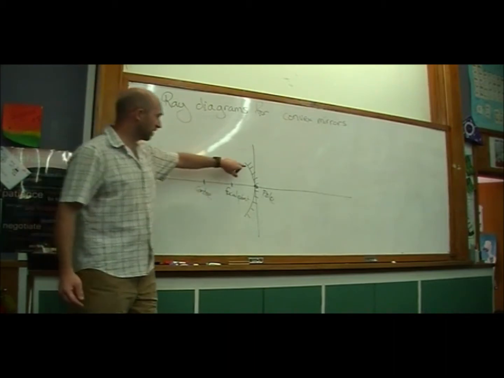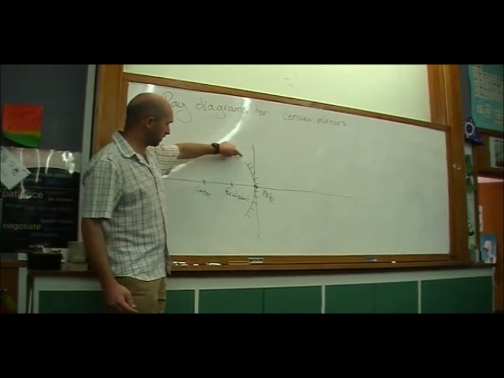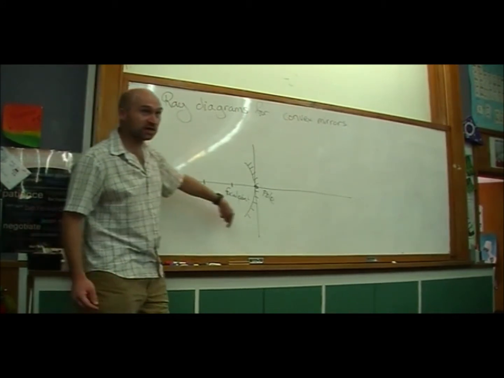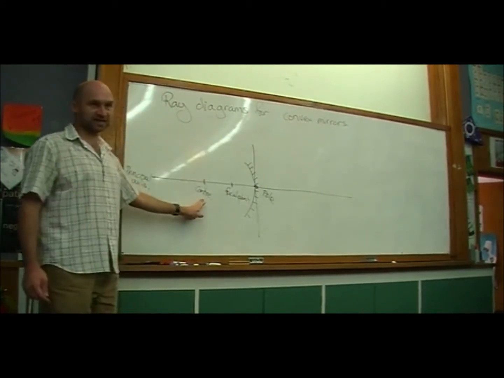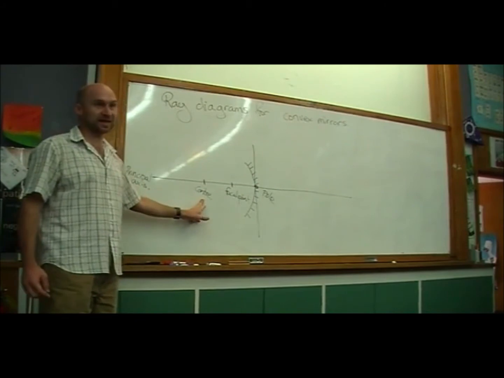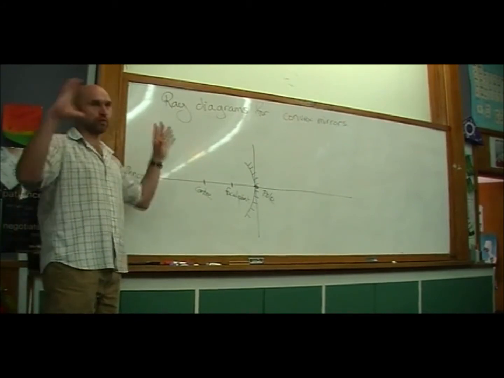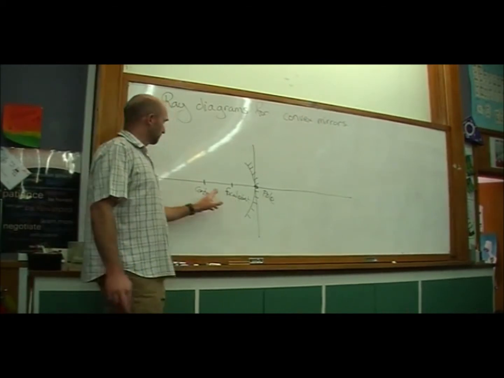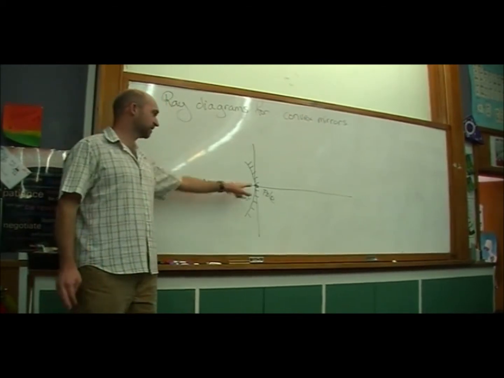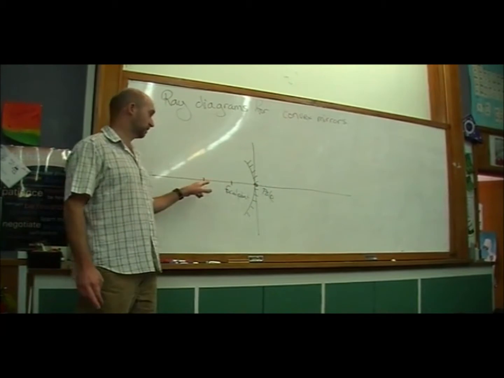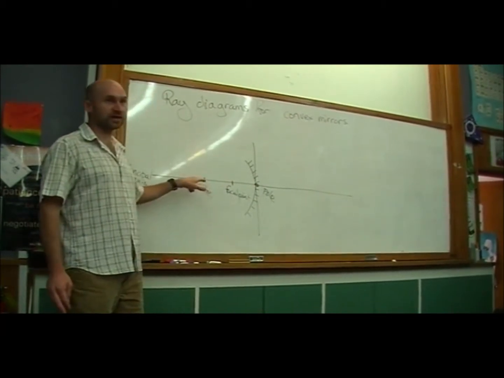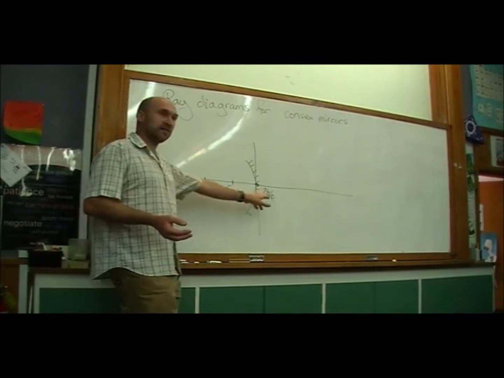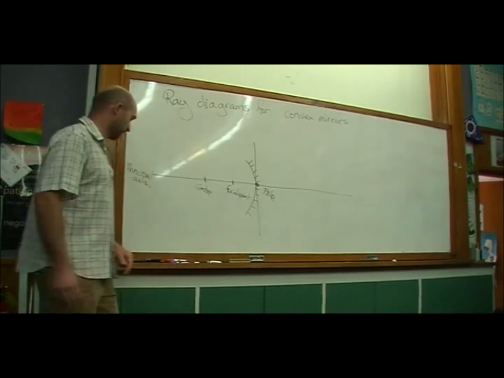So we can imagine that this convex mirror is part of a really big round circular mirror, and the centre of the mirror really is like the centre of that original ball we started with. What we call the focal point is exactly halfway from the pole to the centre.